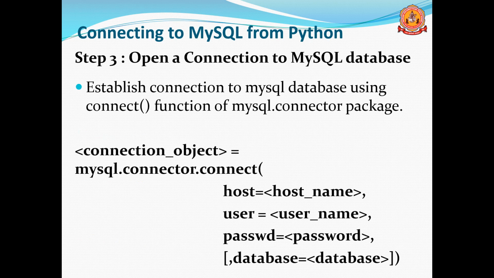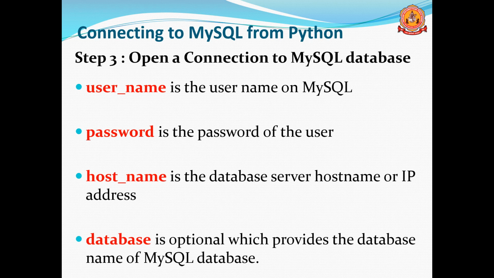If you used an alias name, for example, if you imported mysql.connector as connection, then here we can use connection.connect. So the entire name mysql.connector is not required. That is also possible.